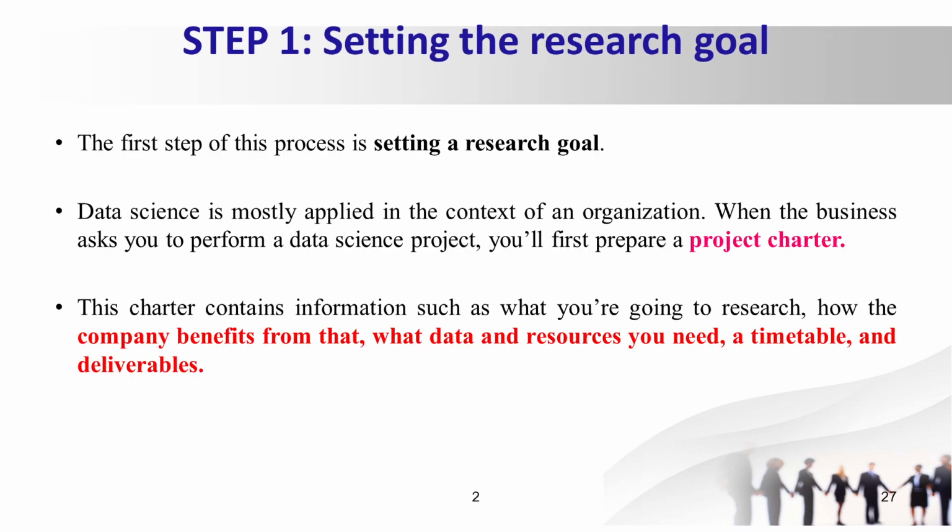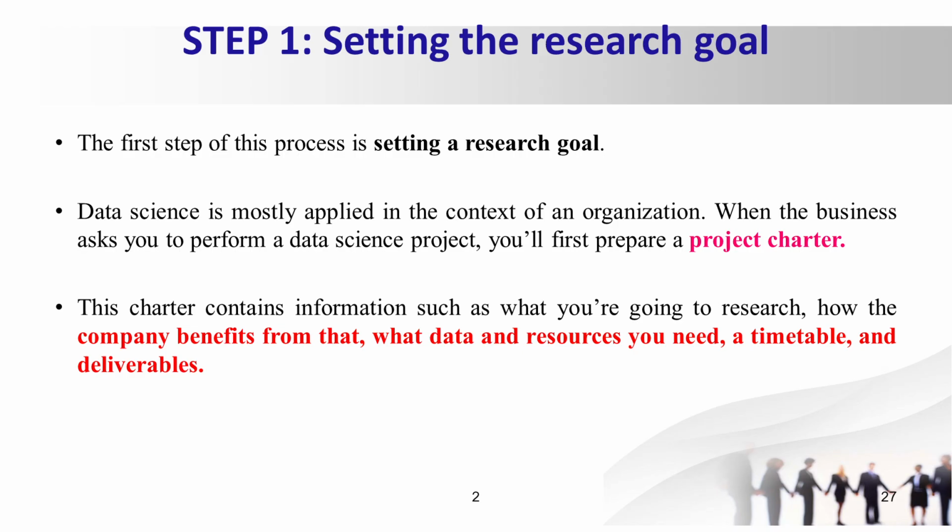First step is that we have to set the research goal. As I told you, we are just going to take an example of data science in the context of an organization. Suppose you have been given a data science project. What is the first thing you require? You have to prepare a project charter.